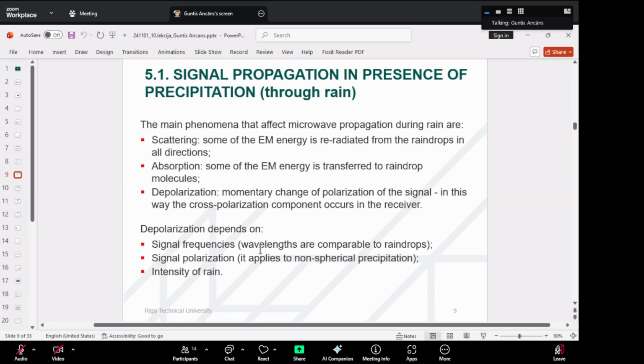Next, when the signal propagates in the presence of precipitation, microwave signal propagation is affected during rain in several ways.